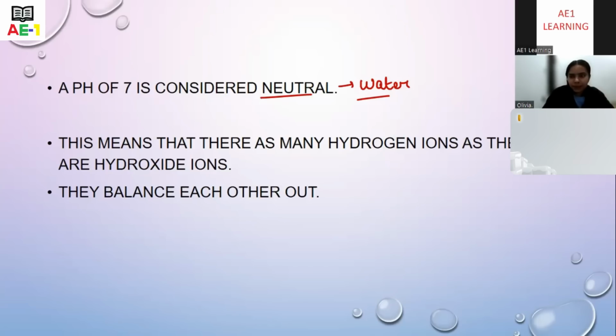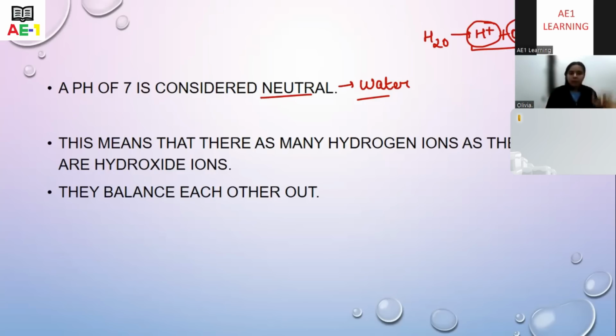Let me tell you, when an H2O molecule breaks down, it gives H positive and OH negative ions. This is what we get. So it means it contains both H positive and OH negative. Then what actually happens to them? Why is the water still neutral? The reason is the number of hydrogen ions and the number of hydroxide ions is equal.